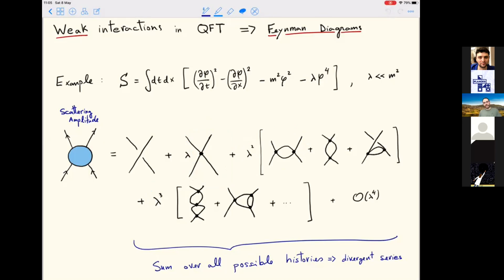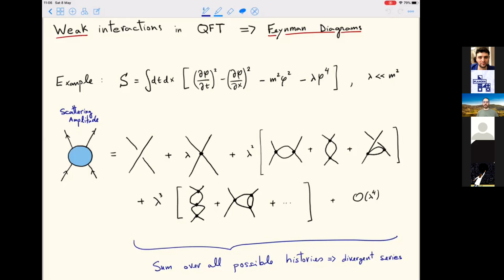But what I want to emphasize here is that, exactly like in quantum mechanics, this series is divergent. This series can work very well in practice. If lambda is very small, you can keep a few terms and get a very high precision result. But it cannot define the theory as a matter of principle, because if you really want arbitrary precision, this sum is just divergent.